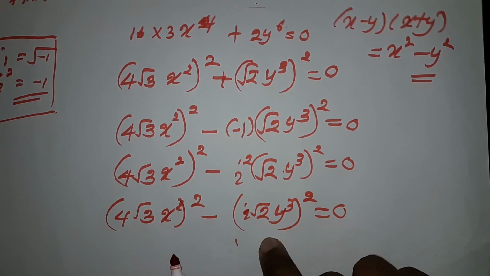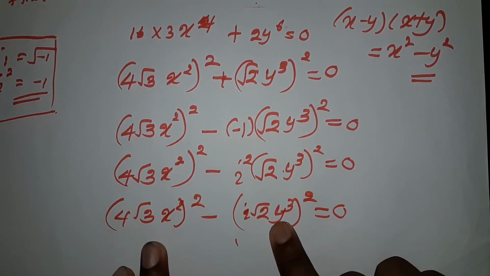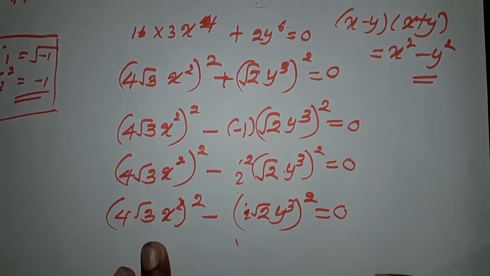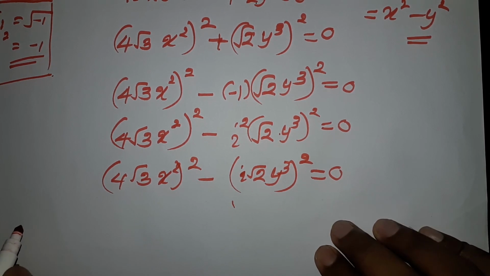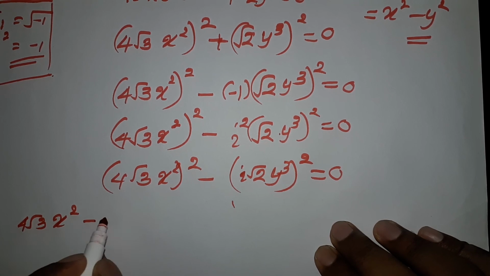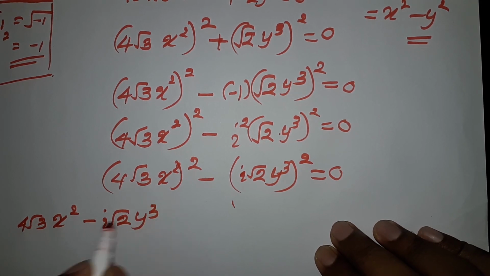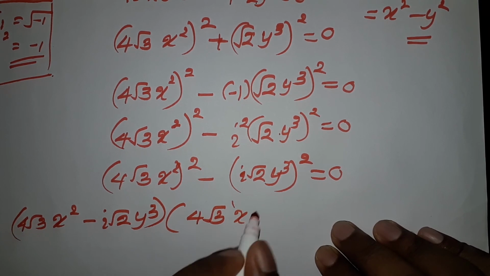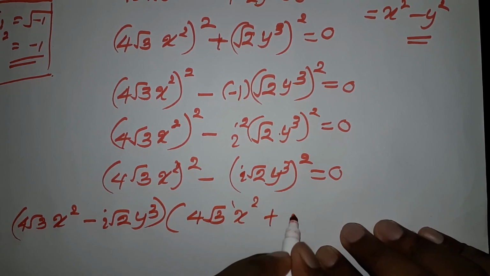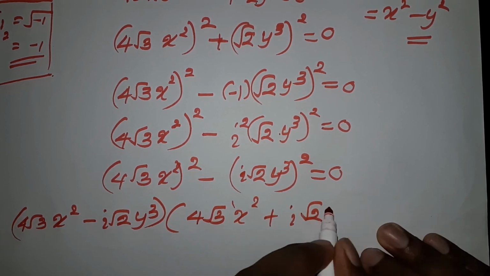So now I can get the roots of this equation same as in here. I'll write down the roots as 4 root 3 x squared minus i root 2 y cube into 4 root 3 x squared plus i root 2 y cube.